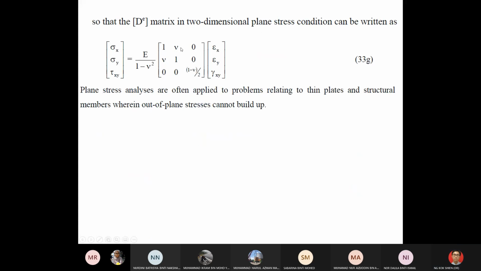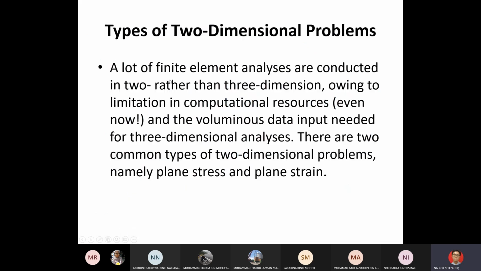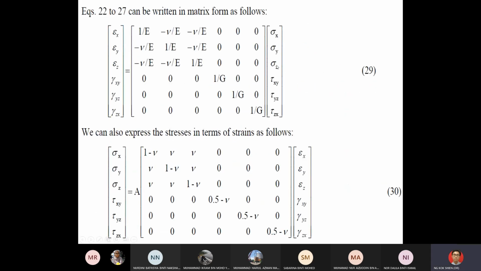So in plane stress analysis, these are the stresses that we can find, and this is the strain, which is the input. But you can also write it the other way around, no problem. You just need to simplify it by substituting sigma z, tau yz, and tau xz into this form.